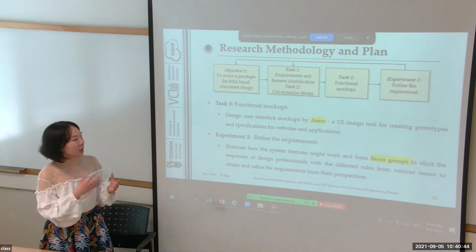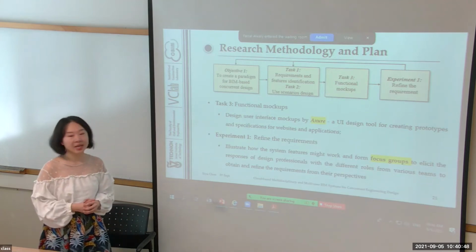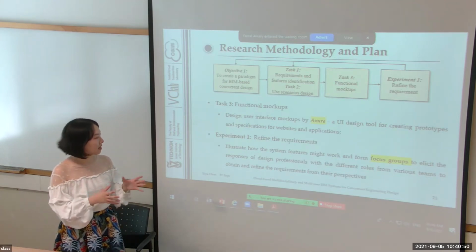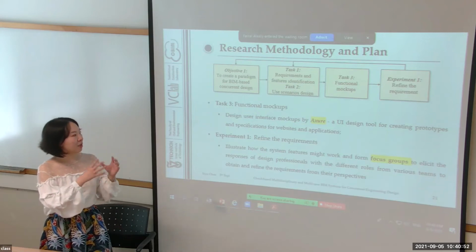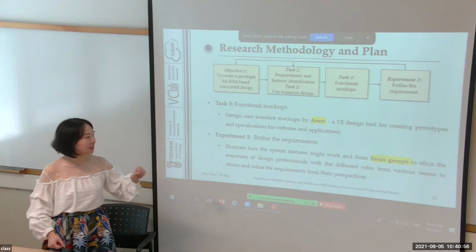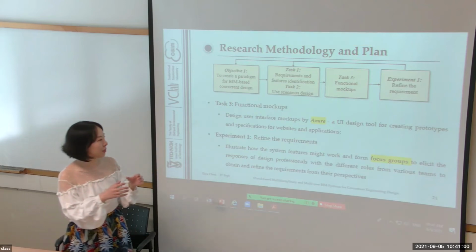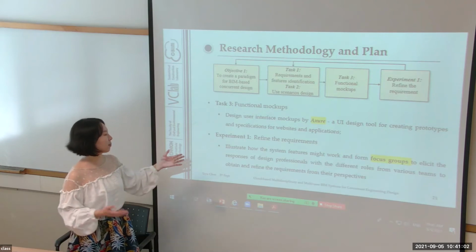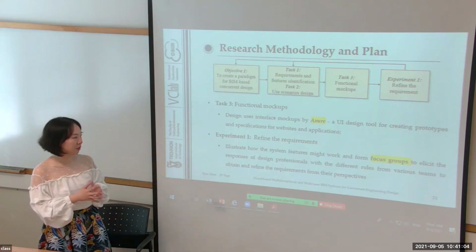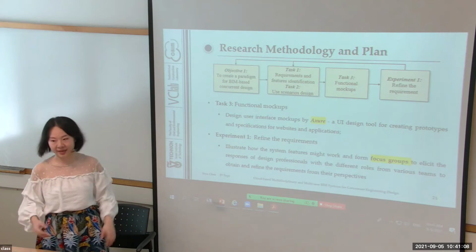Actual is a user interface design tool for creating prototypes. And then at last, for the experiment, I will refine the requirements by illustrating how the system features might work and form a focus group to elicit the responses of design professionals and obtain and refine the requirements from their perspective.